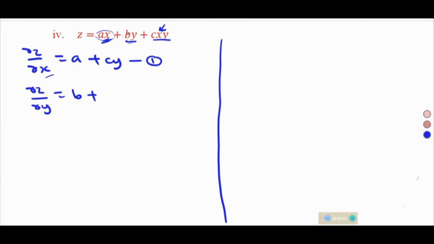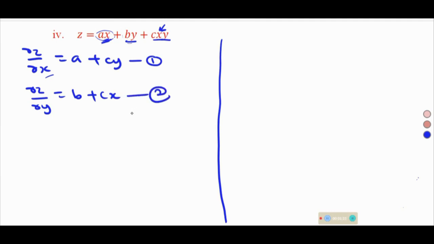Differentiating by with respect to y gives me b. With respect to y, cxy, cx is a constant, so I will remain with cx. This will give me equation number 2.